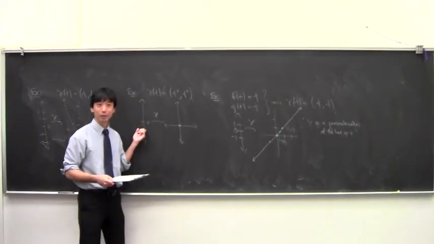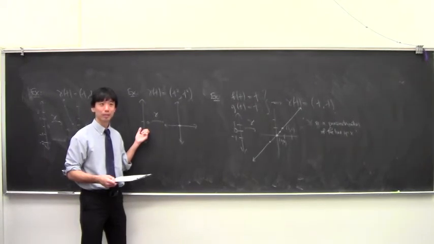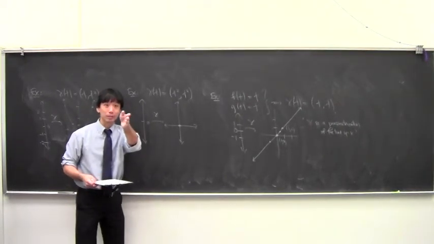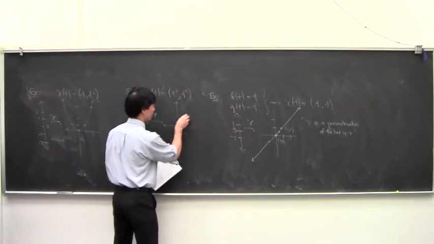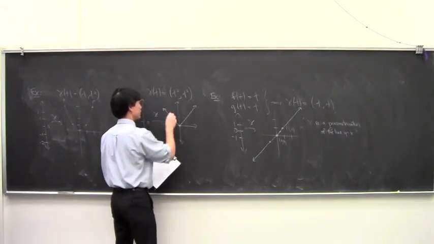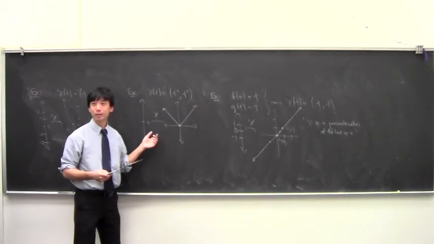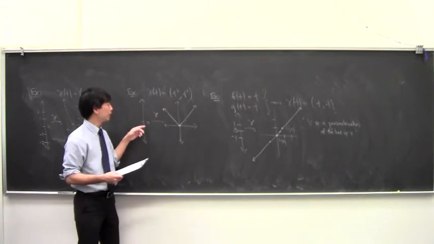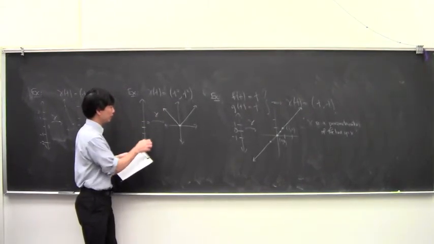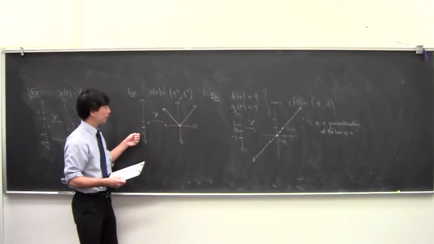At time -1, where are we? We're at 1, 1. What is this parametrizing? Absolute value. Great. This will parameterize the graph of the absolute value function. For negative numbers, we're going to get negative.